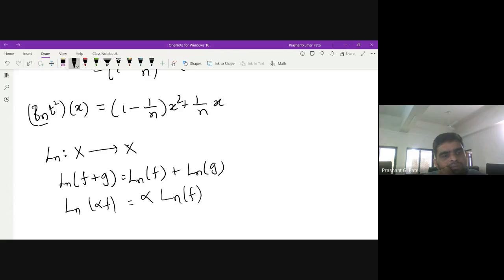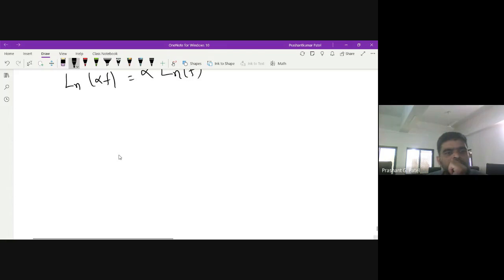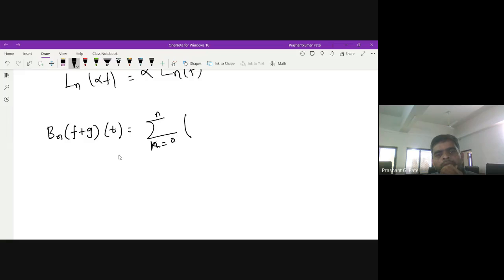Probably you have learned that concept in your linear algebra course. Here this Bn, which we have, is a linear operator. How can we say that? In this manner: Bn of f plus g at t, which we can write as summation k running from 0 to n, n choose k x power k, 1 minus x power n minus k, where instead of f we have f plus g.